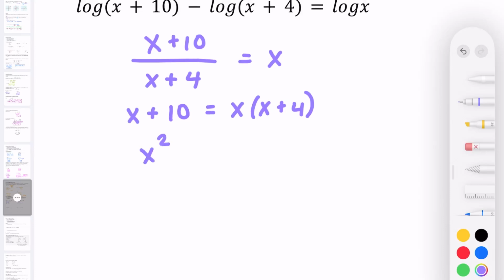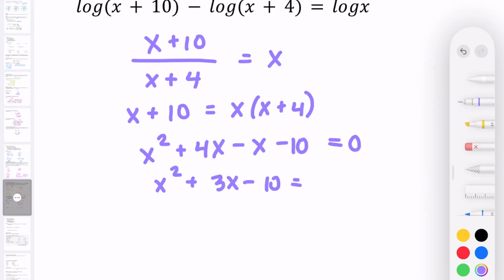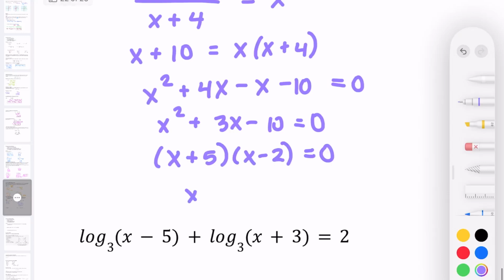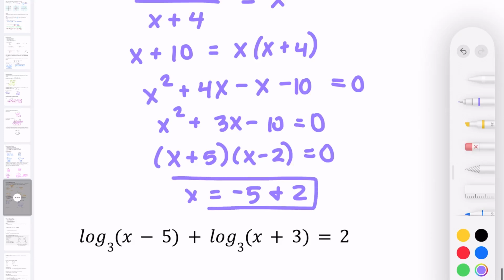X squared plus 4x minus x minus 10 equals 0, or x squared plus 3x minus 10 equals 0. If I factor, that'll be x plus 5 and x minus 2 equals 0, or x equals negative 5 and 2. Both of those solutions will work.